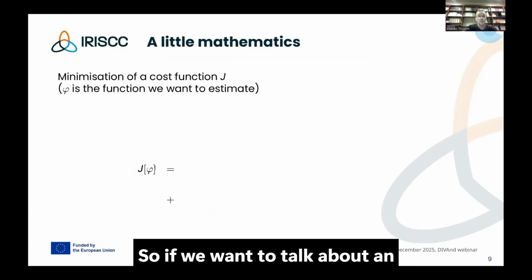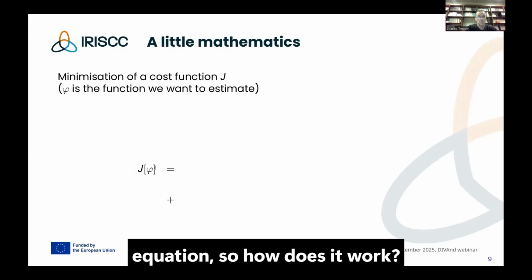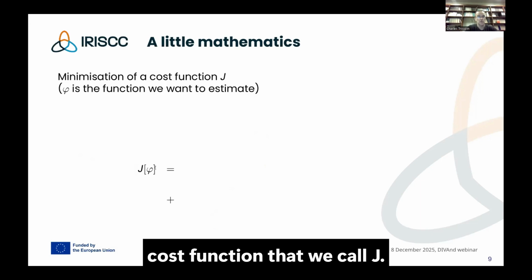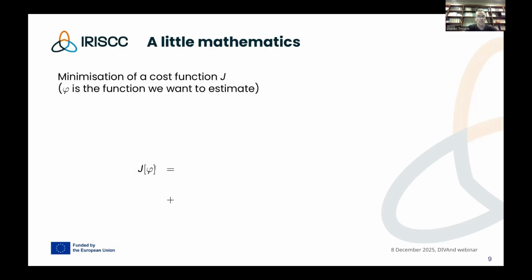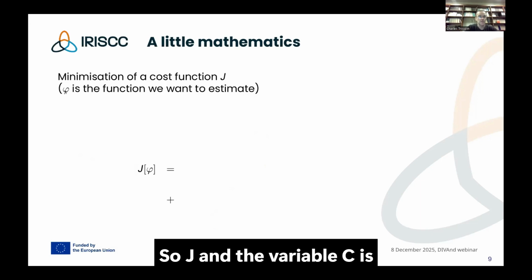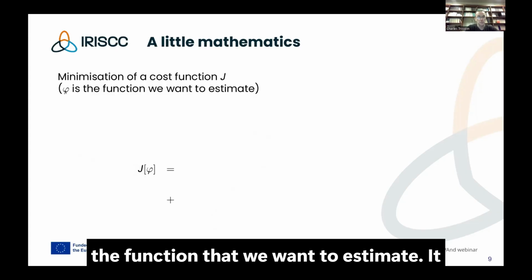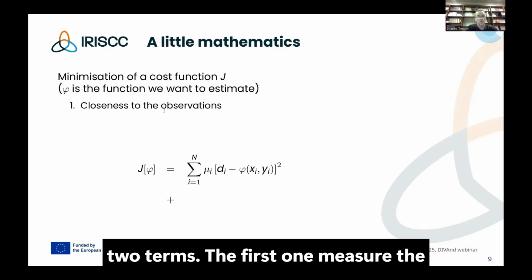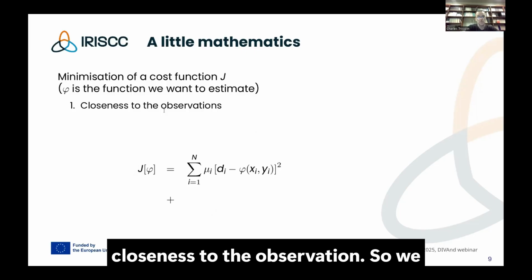So if we want to talk about an equation, how does it work? Mathematically, we want to minimize a cost function that we call J. In J, the variable phi is the function that we want to estimate. It is the gridded field. We have basically two terms. The first one measures the closeness to the observations.